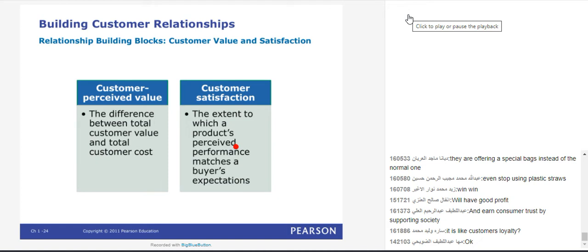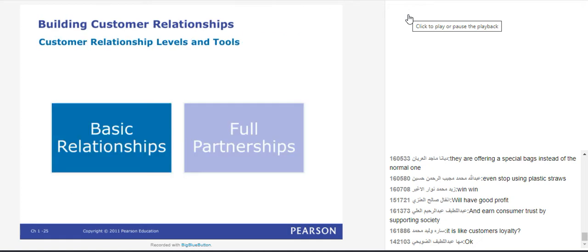If the perceived performance is higher than the expectation, customers are satisfied. If the perceived performance is less than the expectation, customers are dissatisfied.